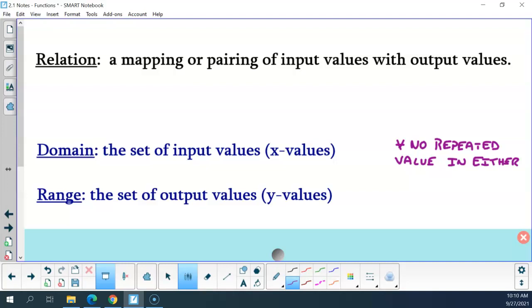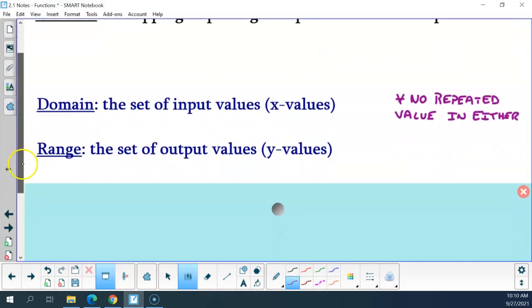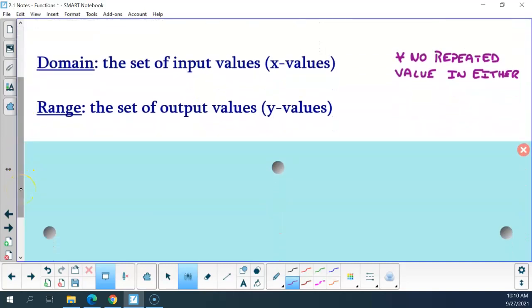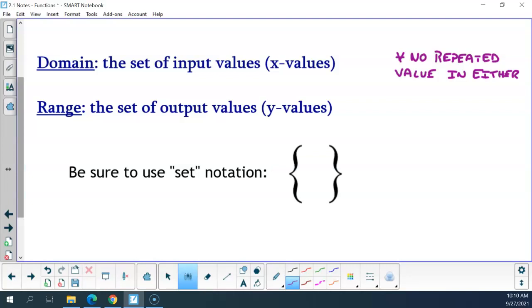Now, because truly they are sets, we need to talk here a little bit about set notation. Set notation uses these fancy squiggly type things. I mean, they're brackets, but they're not really brackets because they're bougie brackets. Me, I'm only good for one.